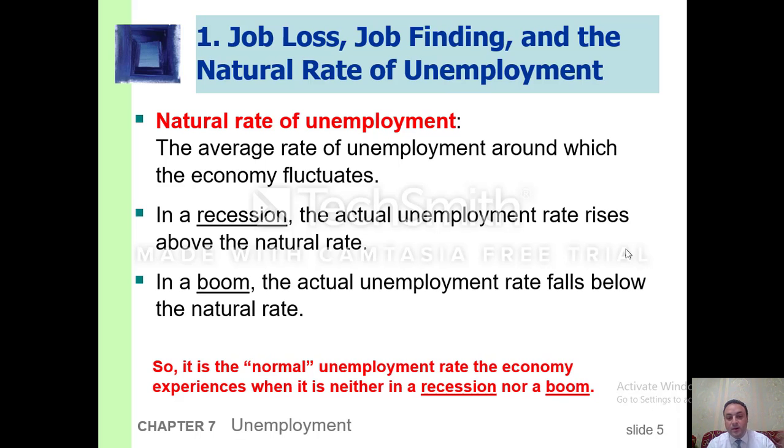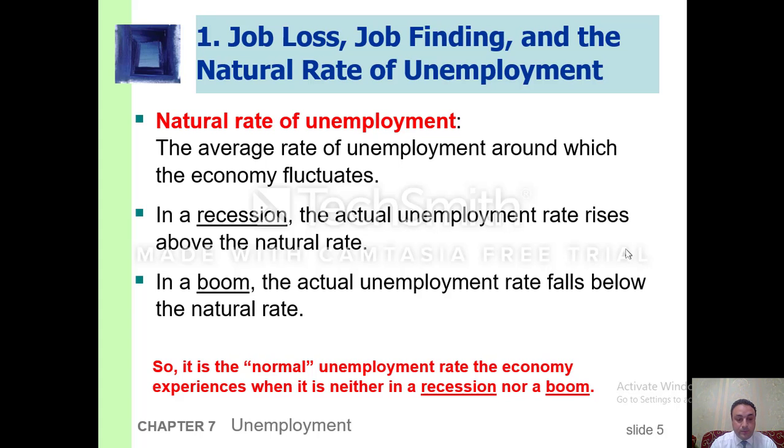In a boom, in contrast, when the growth rate is increasing, the actual unemployment rate falls below the natural rate, so it may be 3%, 2%, and so on, because there is an increasing growth rate, production, and employed people.